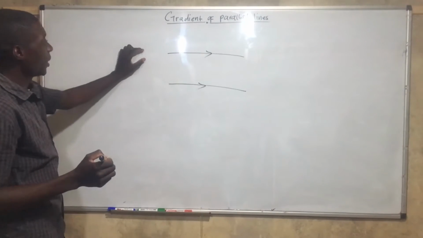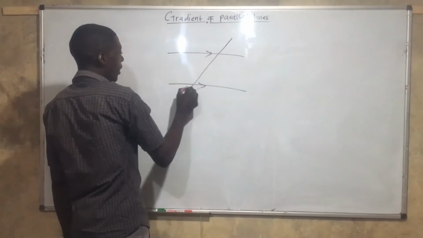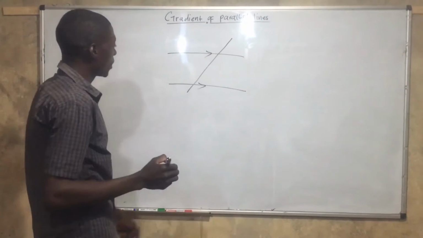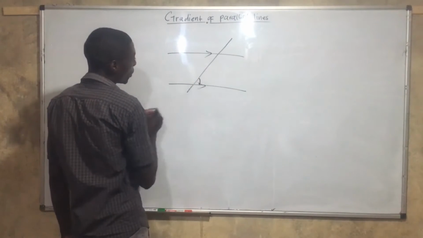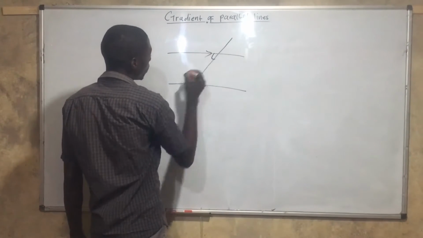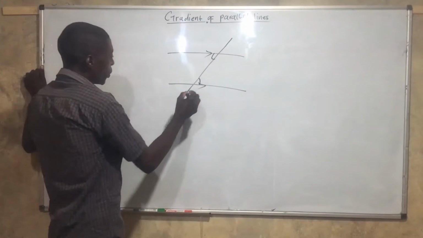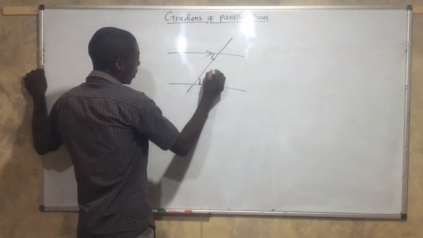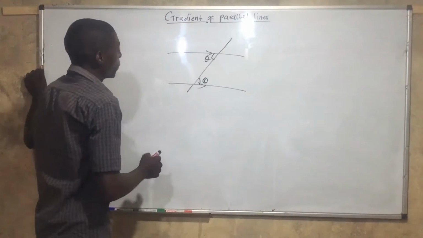Under the gradient of parallel lines, for example, if we have a line drawn like this, a transversal line, there is an angle formed here and an angle formed there. The angle here is theta, and there we have theta as well.